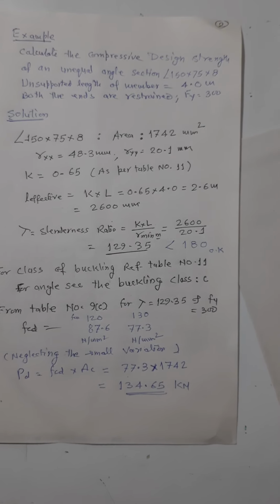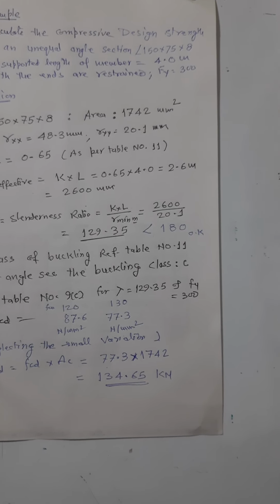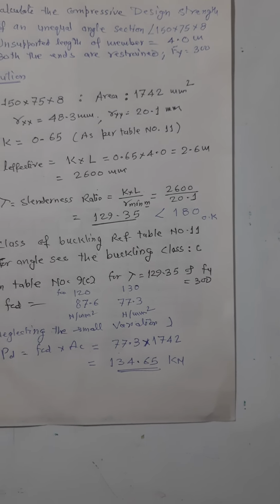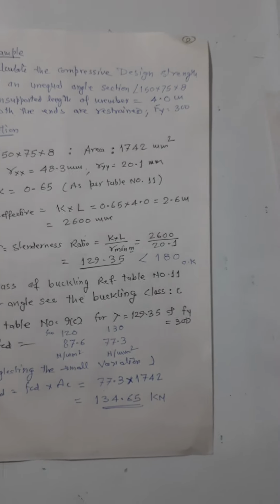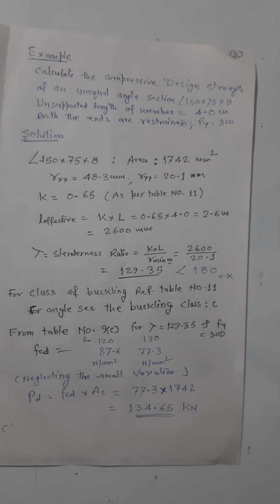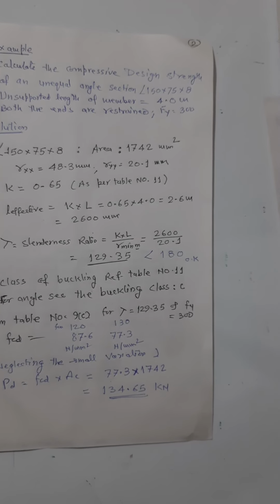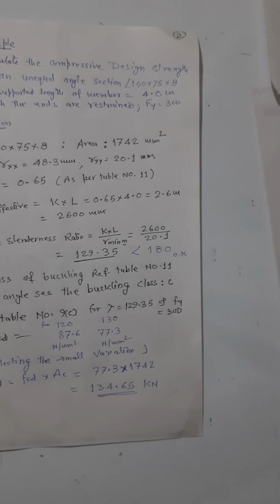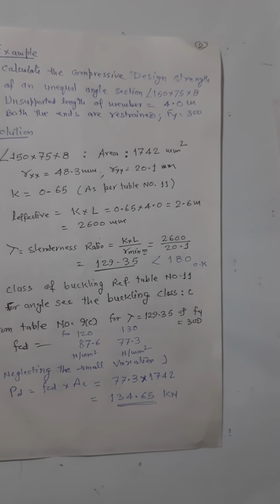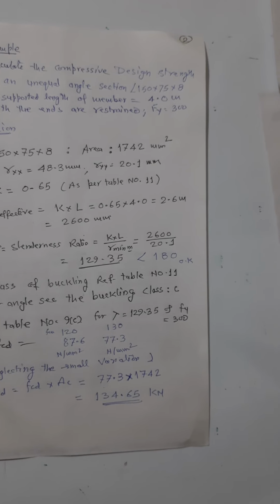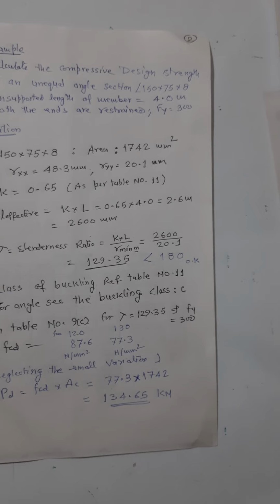This way we can calculate the various compressive forces or compressive strength or the design strength of any of the given member, but it is only applicable for single sections, whether it is a single angle section, equal angle section or unequal angle section, whether it is a channel section, whether it is an I section or whatever it may be.